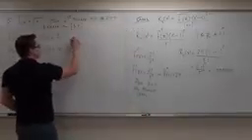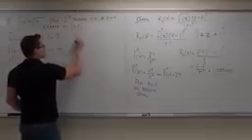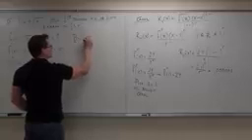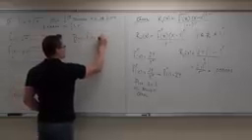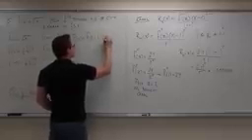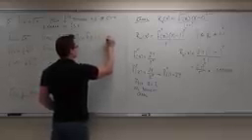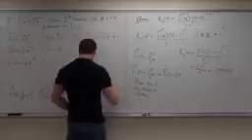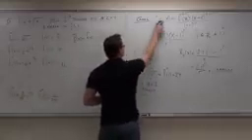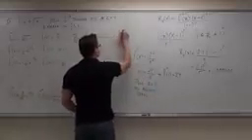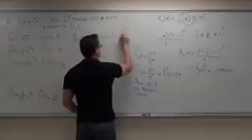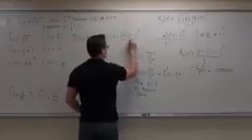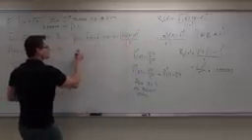If we do this, our Taylor polynomial of the second degree is going to be f of 4 plus f prime of 4 times x minus 4, plus the second derivative of 4 times x minus 4 squared, all over 2. And then we start simplifying it.